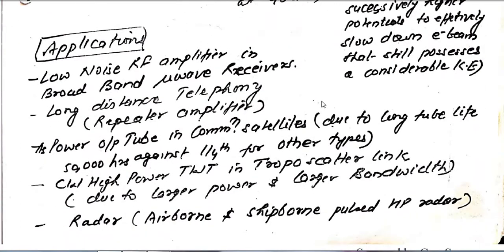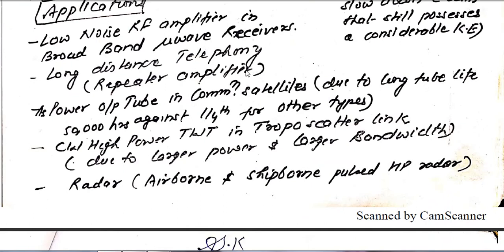Now we are going to see the various applications of this TWT. First is the low noise RF amplifier in broadband microwave receivers. Second, long distance telephony, where we can utilize it as a repeater amplifier. Third, the power output tube in communication satellites. This is possible due to long tube life, around 50,000 hours, against one quarter of that for other types of tubes.